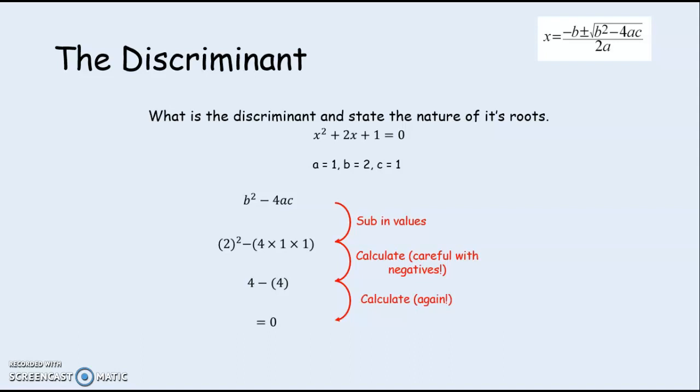So here my discriminant is 0, and the nature of my roots, b squared minus 4ac is equal to 0, therefore there are 2 equal roots. So that is how you use the discriminant to find the nature of the roots.